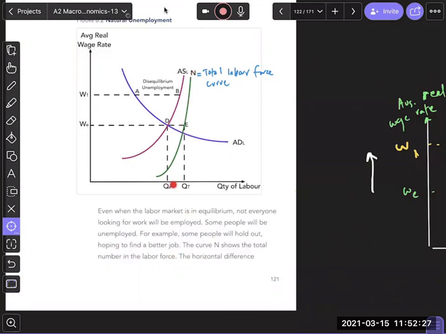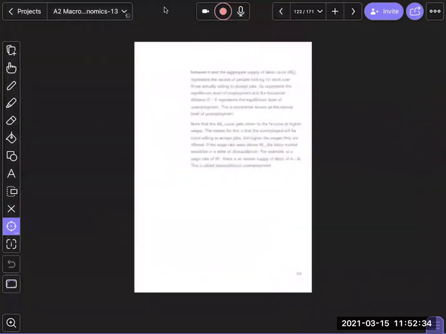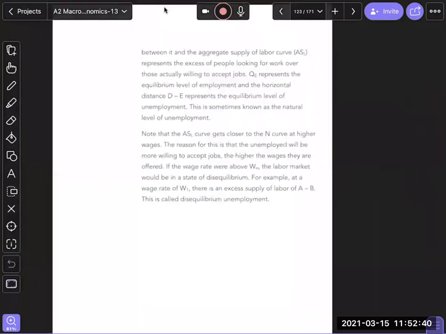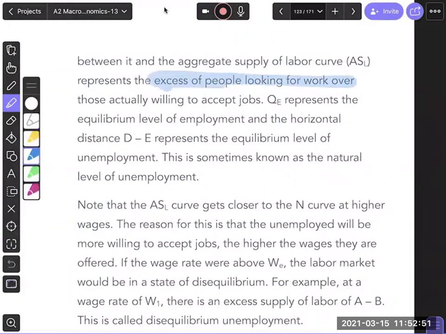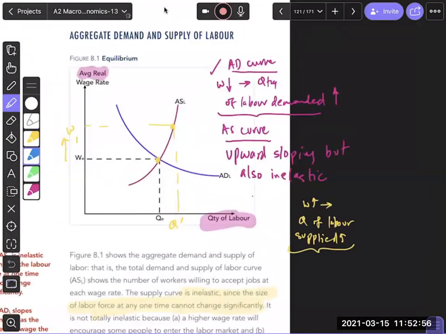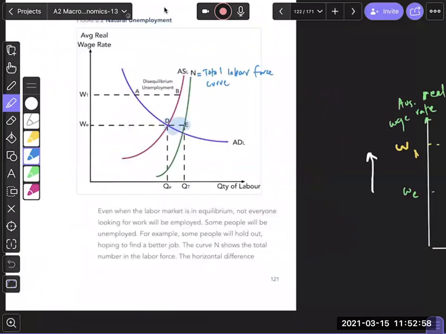The curve N shows the total number in the labor force, and the horizontal difference between it and the aggregate supply curve of labor represents the excess of people looking for work over those who are actually willing to accept a job. So those who are willing and able to work but are not accepting a job will be basically this gap.